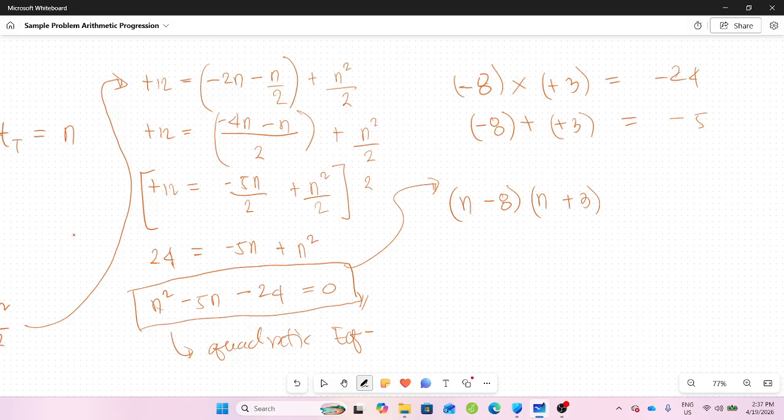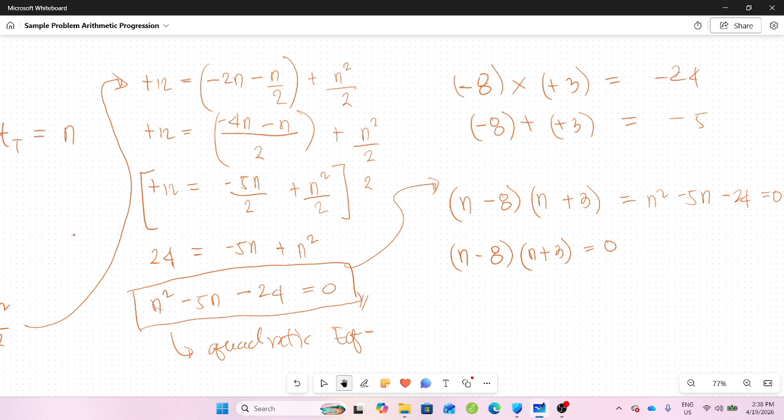So in short, n minus 8 times n plus 3 is equal to n squared minus 5n minus 24 equals 0. So we could simplify this equation to n minus 8 times n plus 3 equals 0.